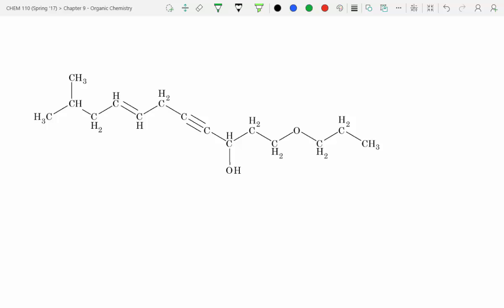How far do we follow the carbons? Just go one carbon out when you're looking for a functional group.